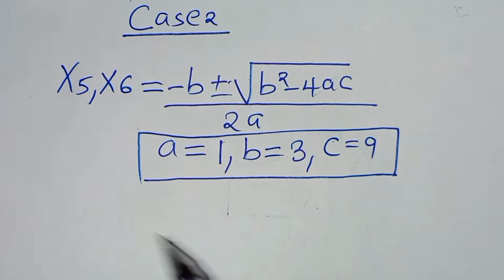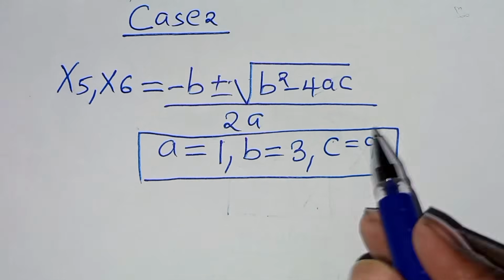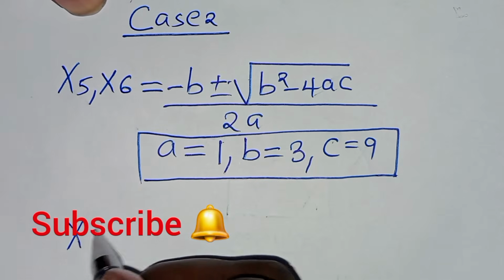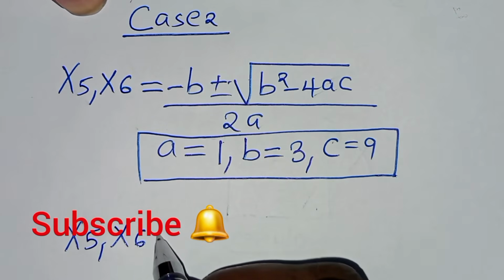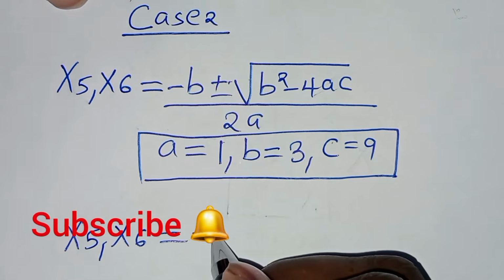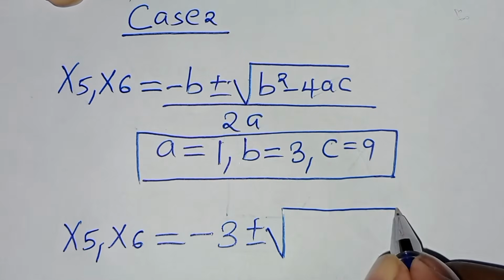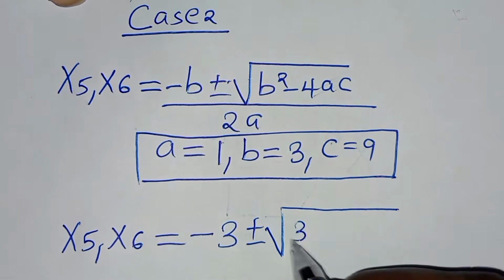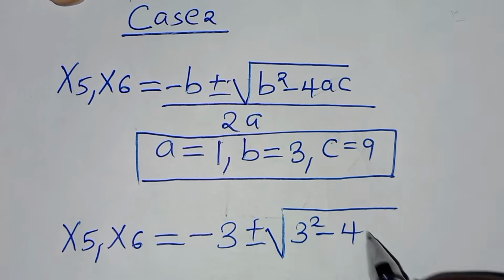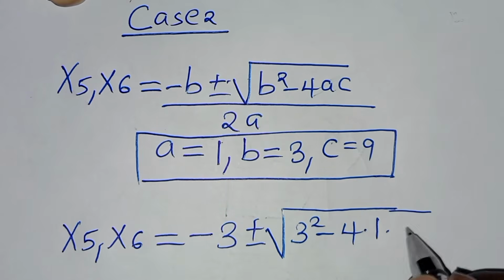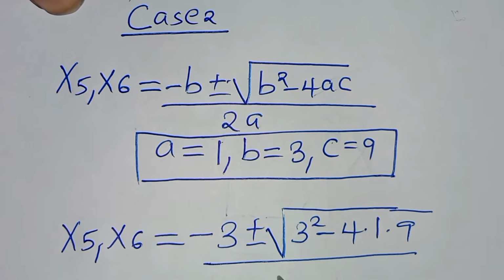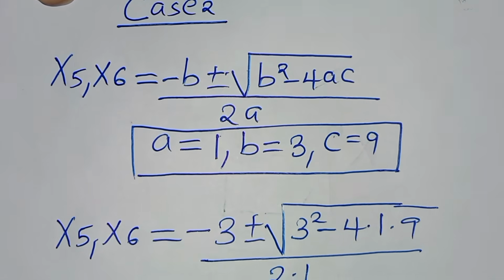Now substituting the values of a, b, and c from here, we'll have x5, x6, which is minus 3 plus or minus the square root of b squared, this is 3 squared, minus 4 times a, which is 1, times c, which is 9, all this divided by 2 times 1.